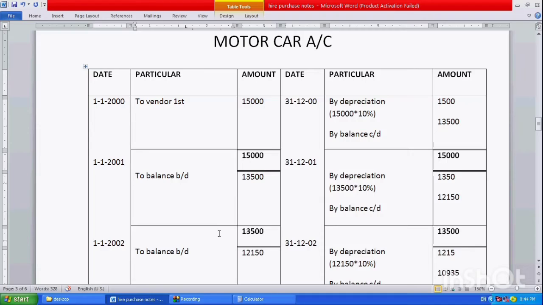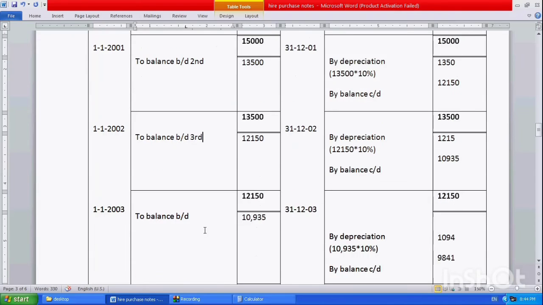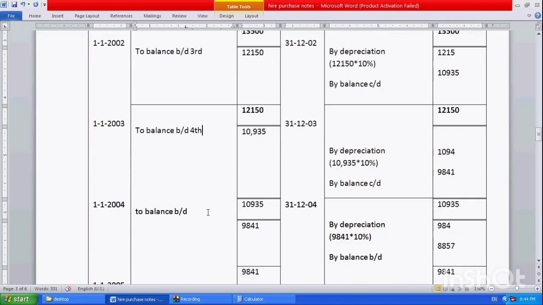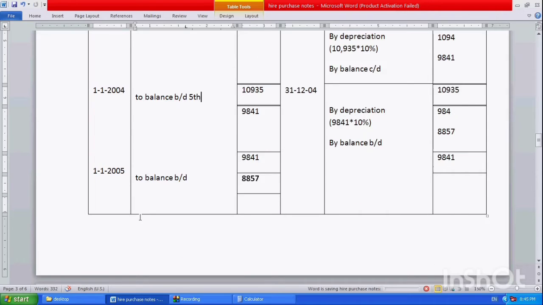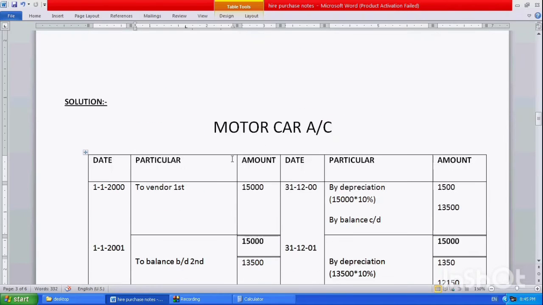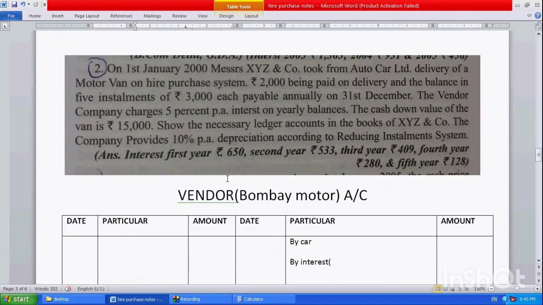So let's do another work. Vendor account, we have to prepare. Interest account, we will see whether we prepare or not, but vendor account we have to prepare. So let's write here fifth installment, fourth, first, second, third, fourth, fifth installment.